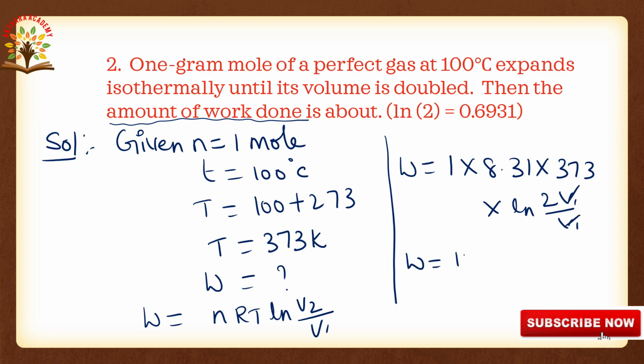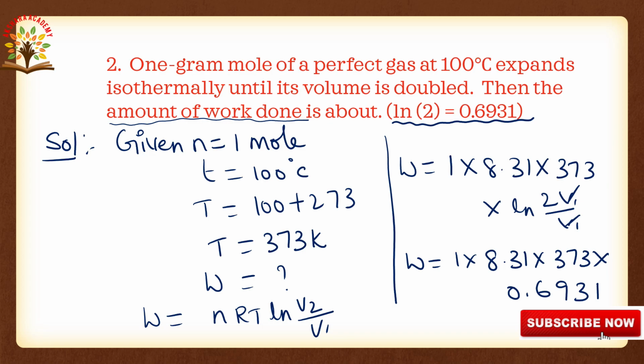So W is equal to 1 into 8.31 into 373 into ln2 value, 0.6931. After multiplication, we are getting the amount of work done as 2148.3. Approximately, we are taking this value as 4129 joules. Okay, this is the final answer, the amount of work done.